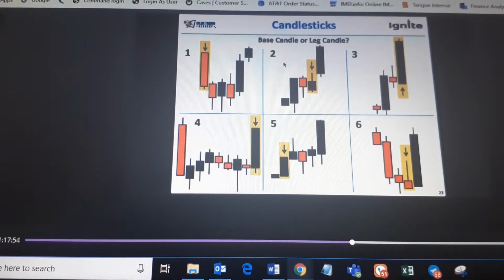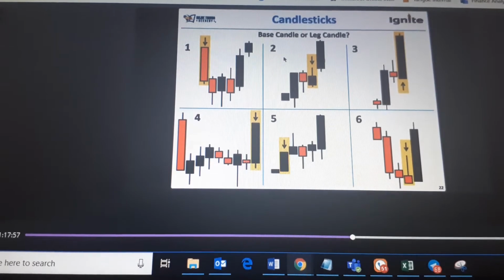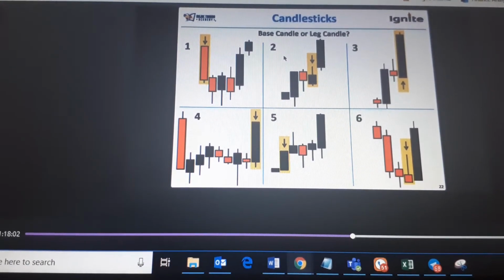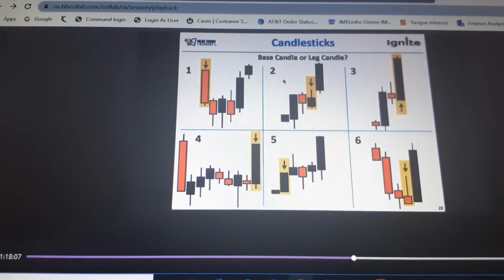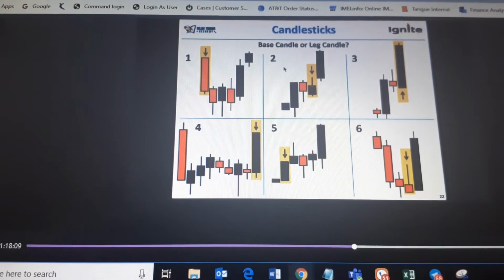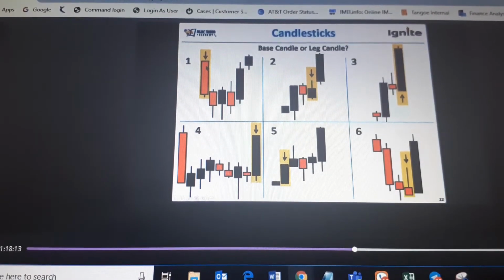Is the time frame important for the base candle set? Hold on, I will cover multiple time frame analysis. For the time being, any time frame that you look at, just try to gauge this pattern.